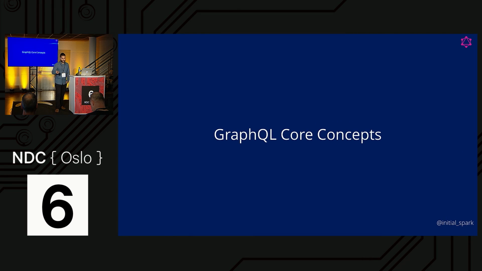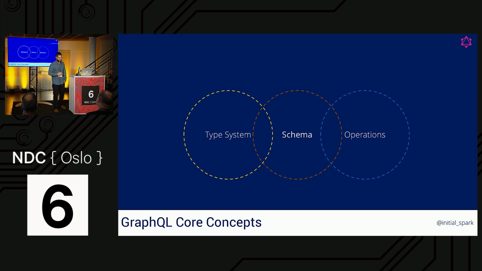So now we've got an understanding of what GraphQL is, what it does, what it doesn't do. Let's have a look at some of the core concepts of what GraphQL is in a little bit more depth. So I've broken this into 3 different areas. The first being the type system. The type system generally defines all our objects that we can query on in our API.